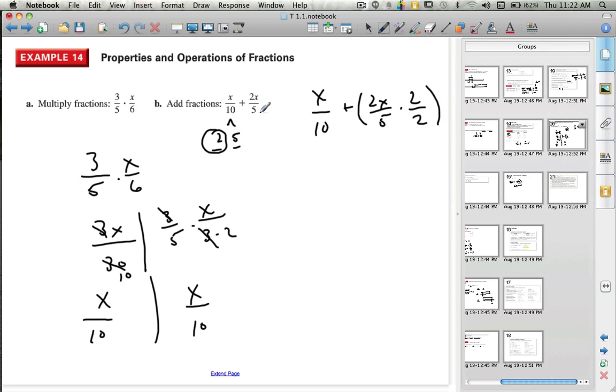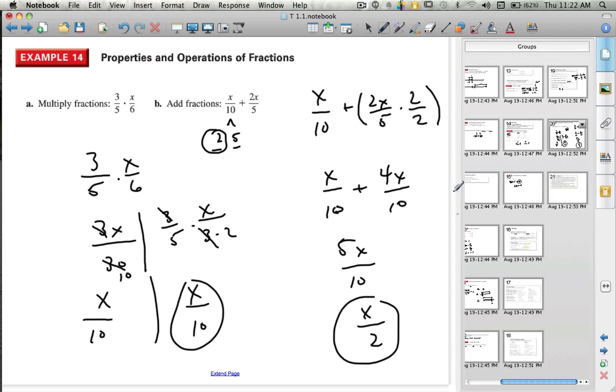This factor was not present there. So then I have x over 10 plus 4x over 10. That becomes 5x over 10, and I can simplify that to be x over 2. Okay, you should be really familiar with this type of process.